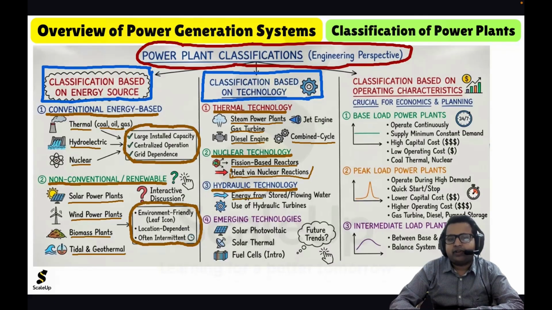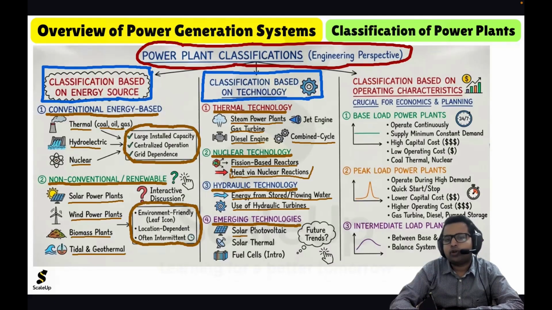So energy from stored or flowing water, we make use of it to rotate hydraulic turbines. Hydraulic turbines get rotated via the energy from stored or flowing water, and with that electricity will be generated. And there are many emerging technologies also which are powering the power plants.